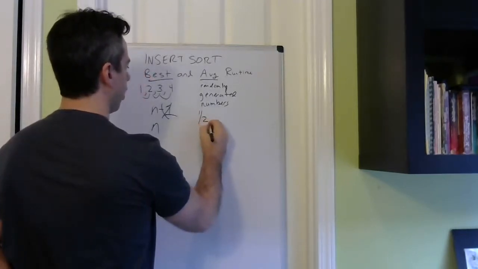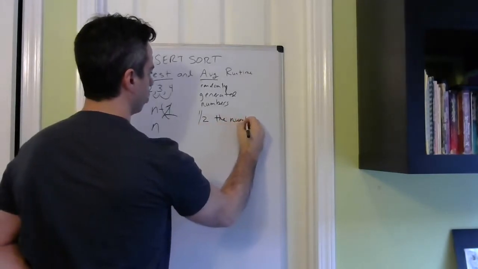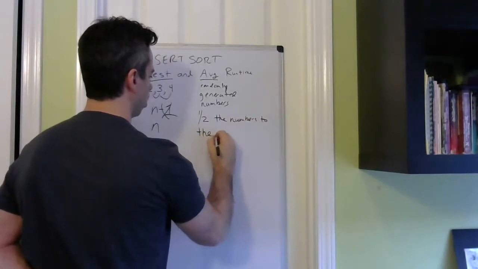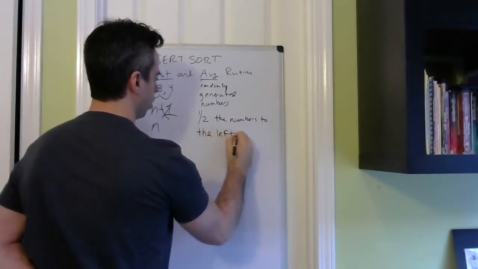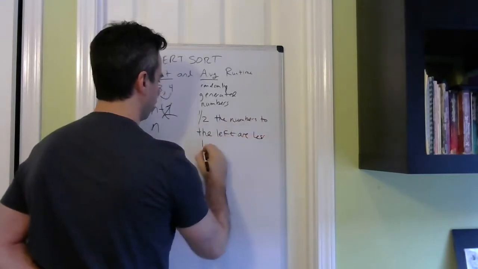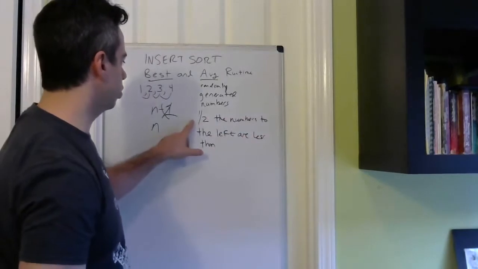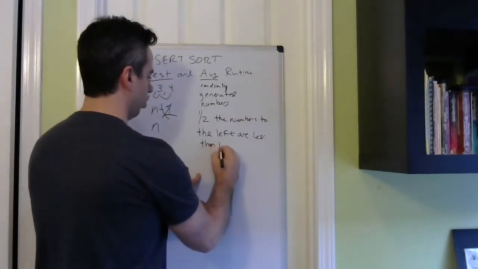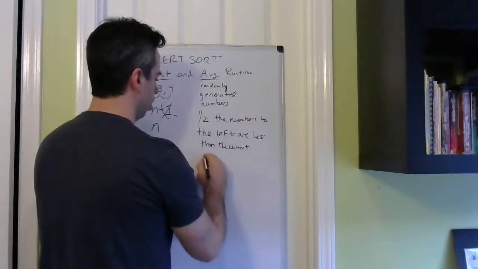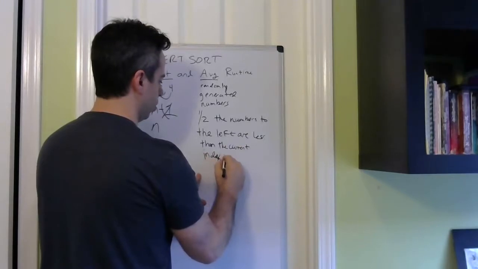So half the numbers to the left are less than the current index value.